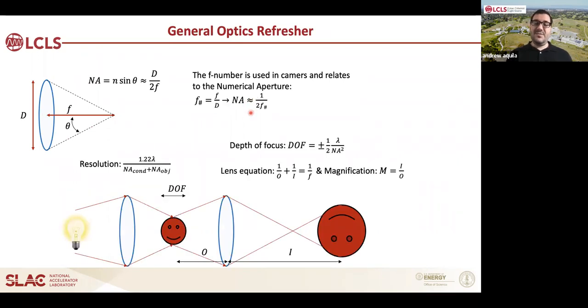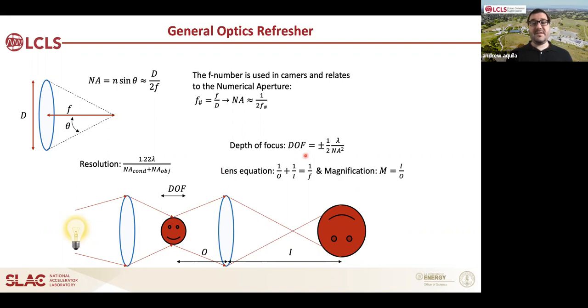And why is this useful? Well, if we wanted to image something, a standard microscope setup, we have a light source, we have some condenser optic, which illuminates a sample, which has a certain depth of focus where we actually can focus on the sample. Then we have an object and image distance, and we re-image, usually magnify the object onto an image plane with a CCD or your eyeball.